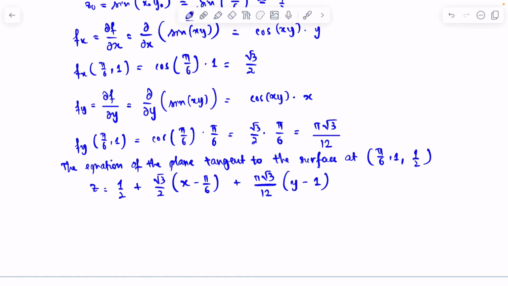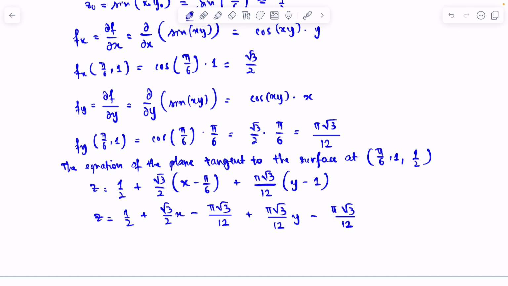When you find the final answer, you're going to put all the variables on one side of the equation and all the constants by themselves on the other side. Then you get z equal to 1/2 plus root 3 over 2 times x minus pi times root 3 over 12 plus pi times root 3 over 12 times y minus pi times root 3 over 12.